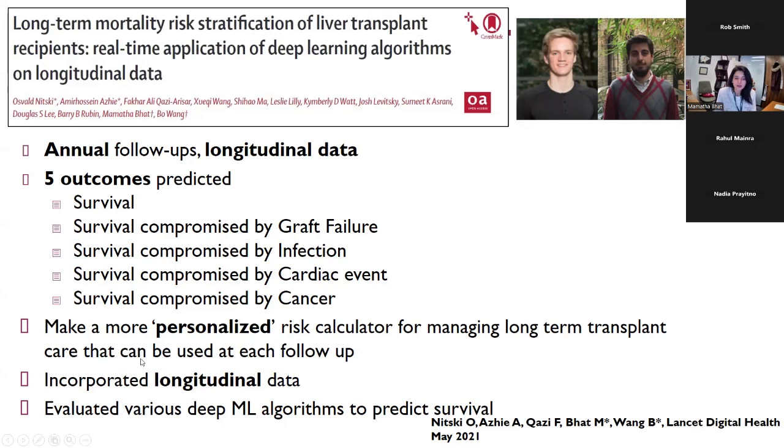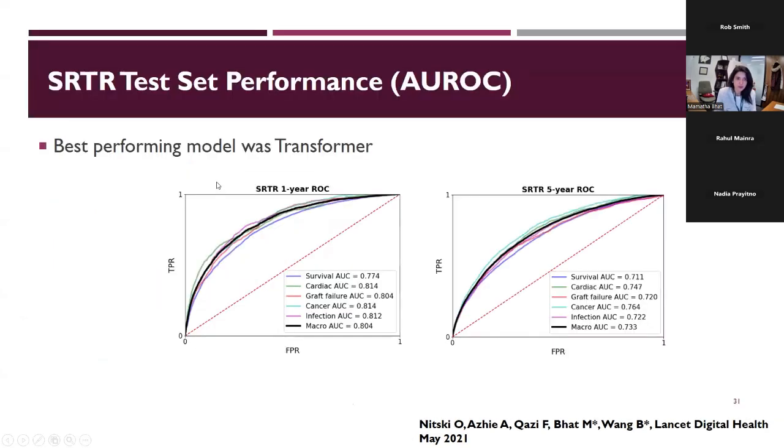And Oswald evaluated different deep learning algorithms to predict survival. The best performing one was a transformer model, which was quite computationally heavy, but was the best performing one. And it had an overall AUC that was reasonable, so at 0.77, and then survival compromised by these different major complications between 0.80 to 0.81 for 1 year survival.